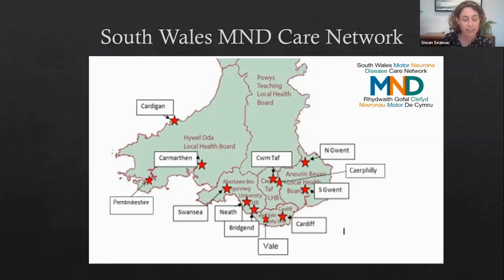There are 12 of these clinics covering a population of 3.3 million individuals, and we have about 90 referrals across the network per year. Our caseload varies, but is around 180 patients, and since the network started, we've supported 1,600 patients.